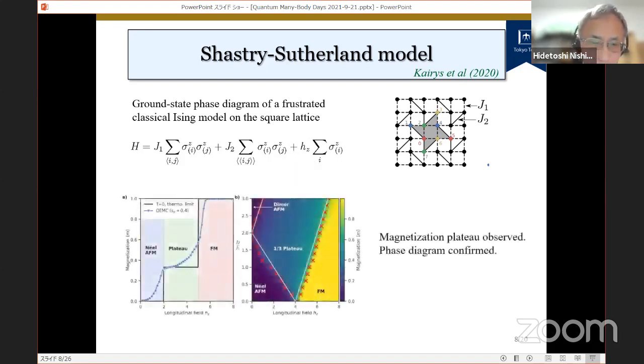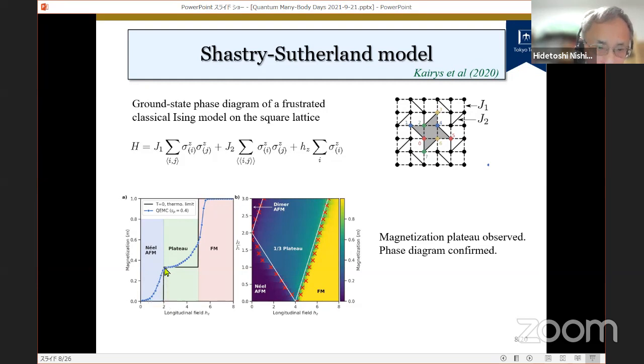And this model has been studied theoretically by many people. First by Shastry and Sutherland, and they obtained this result. This axis represents the strength of the field, and this axis is the magnetization in the Z direction.